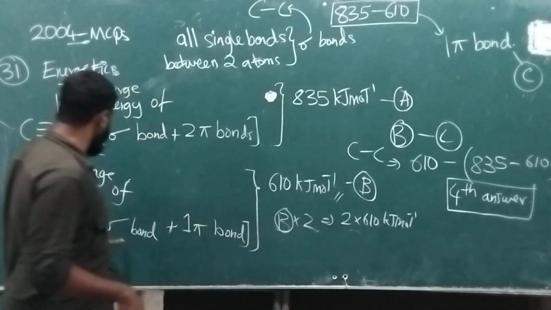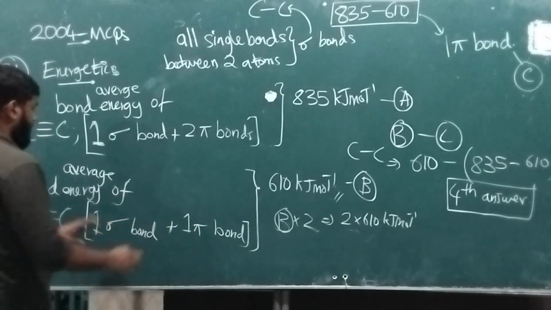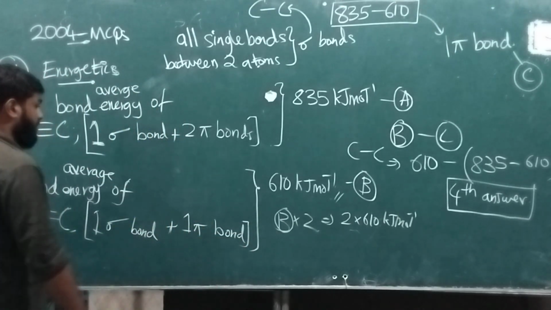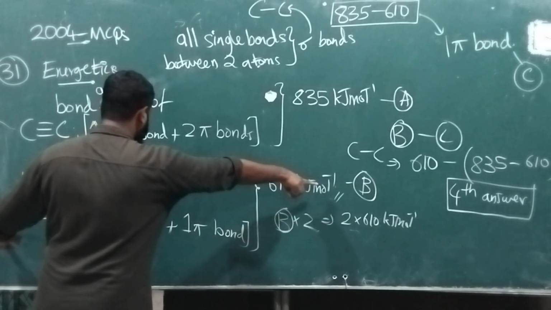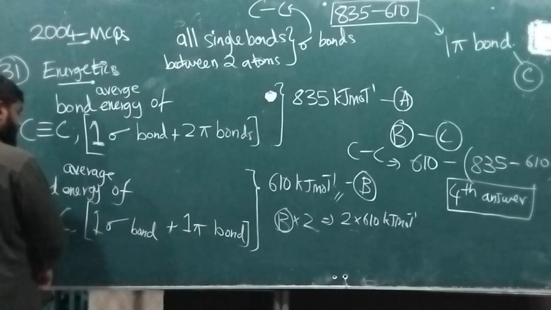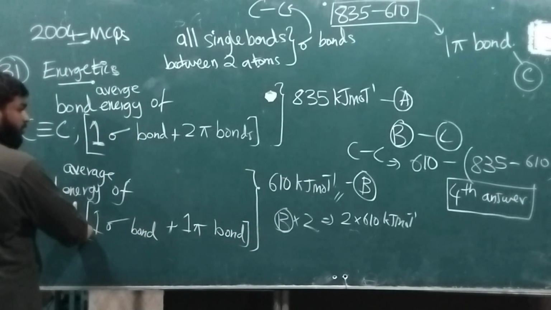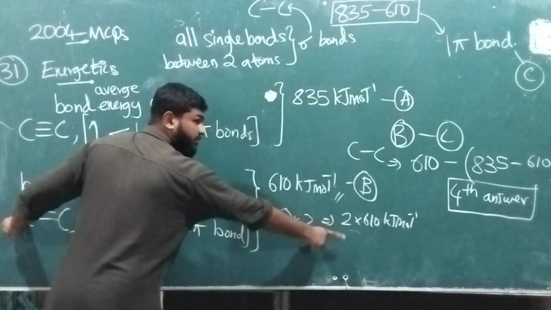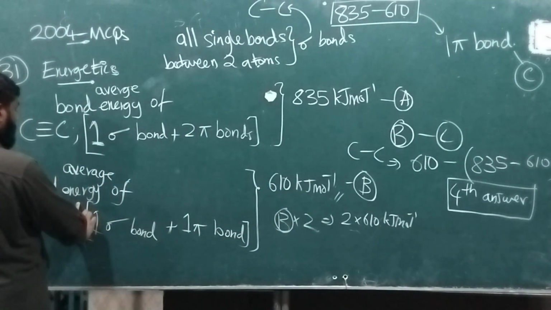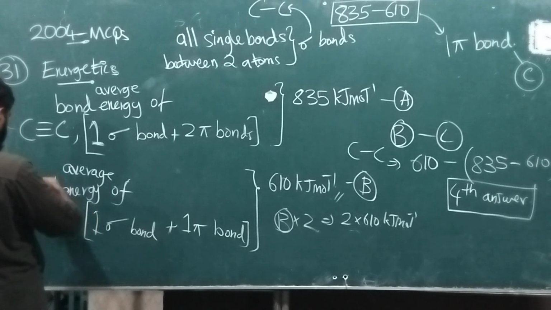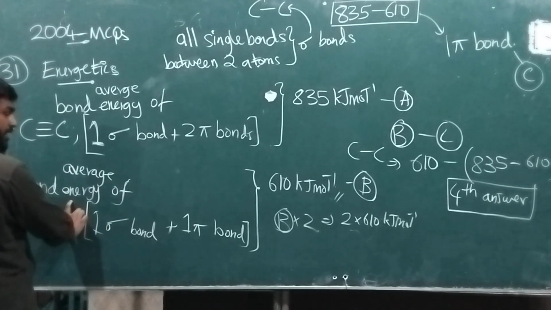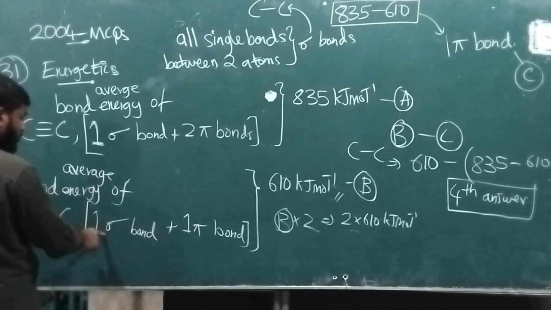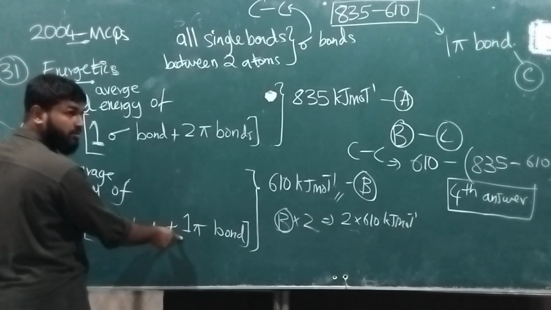But what will happen to these bonds? They all will become twice, because I have multiplied the equation completely by 2. This is for 1 mole, and I have taken for 2 moles right now. So I have to think about the 2 moles completely over here. If there are 2 moles, you're going to have 2 sigma bonds and 2 pi bonds.